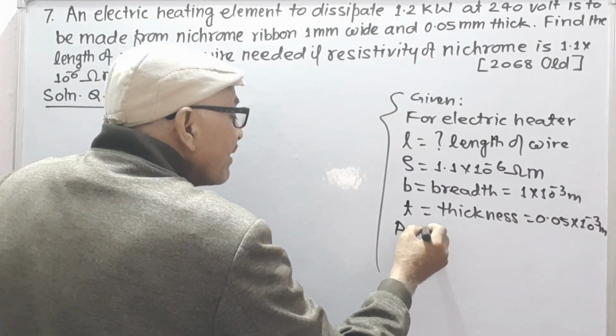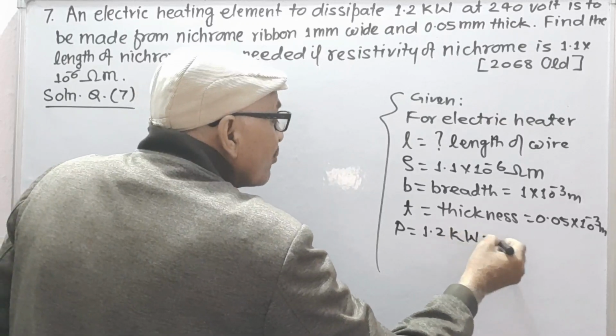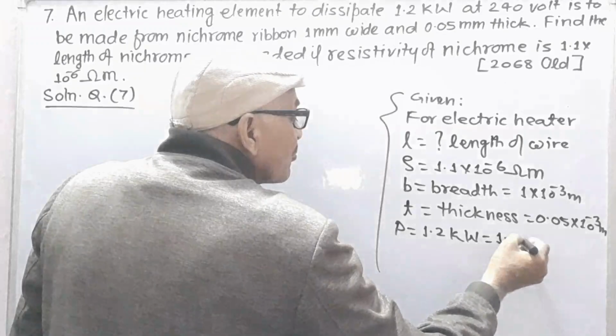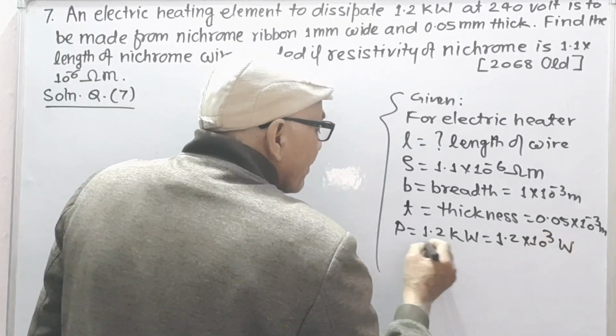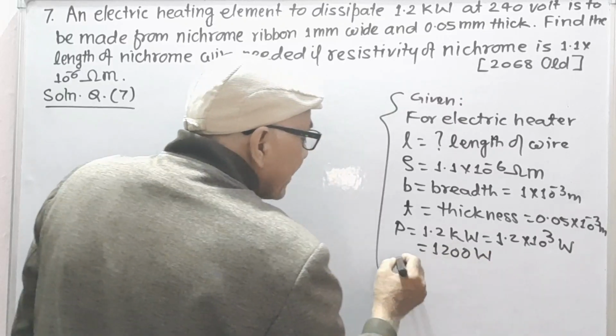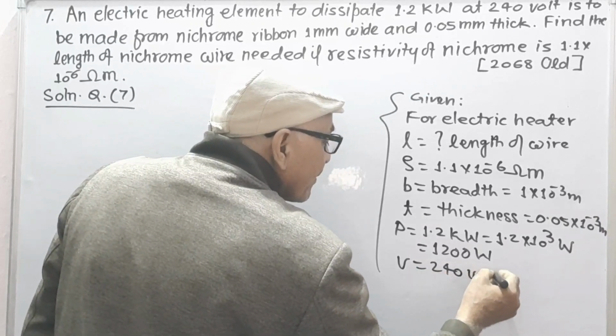Power is 1.2 kilowatt, which may be written as 1.2 into 1000, or 1200 watt, at voltage 240 volt.